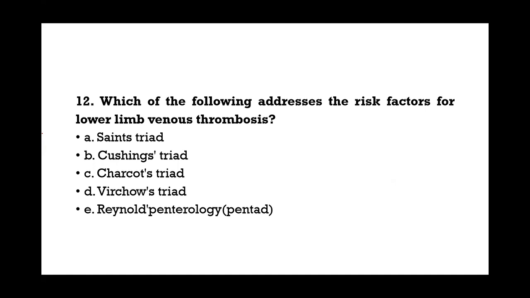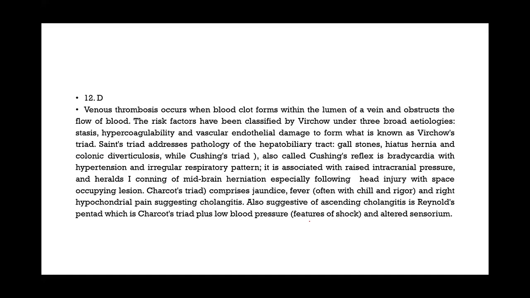Saint's triad, of course, is common in a jaundice patient, diverticulitis and hiatus hernia. Cushing's triad. Now, the triad in question here is lower limb thrombosis, which of course D is the right option. So we'll read the discussion.